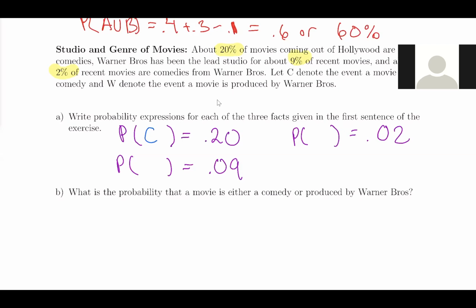What does the 9% represent? Warner Brothers, perfect. So you put W. And lastly, what does the 0.02 represent? Yeah, comedy and Warner Bros. Perfect.